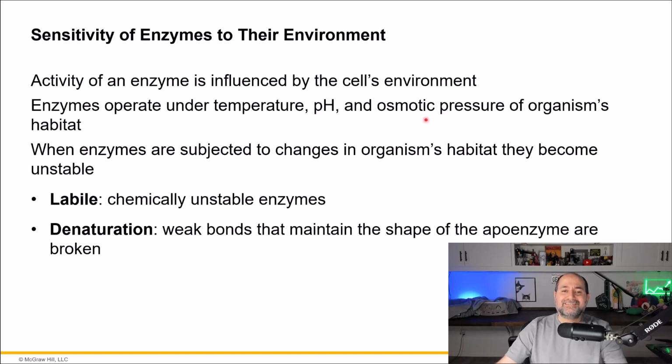All of these things can cause a protein to misfold, and that's called denaturation. When a protein or enzyme denatures, that means it has misfolded due to some kind of unfavorable condition. Because of this, proteins and enzymes are known as labile, or chemically unstable.